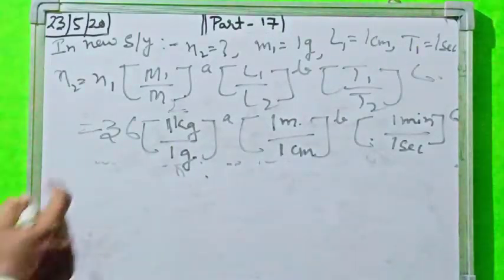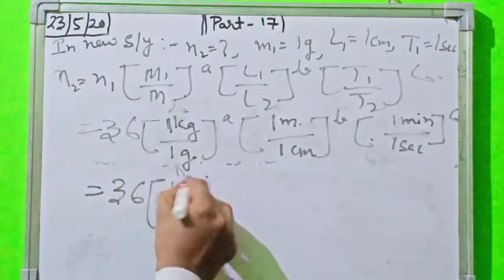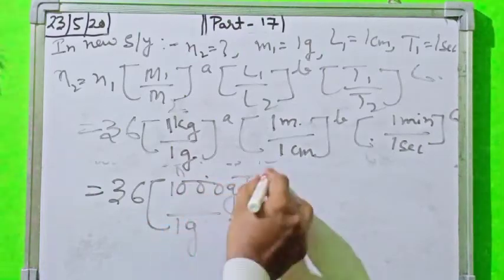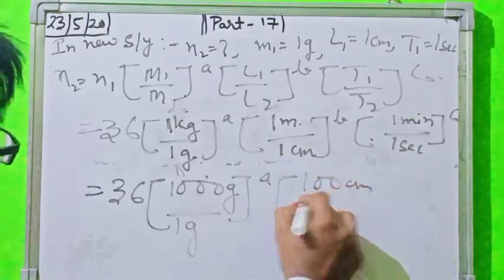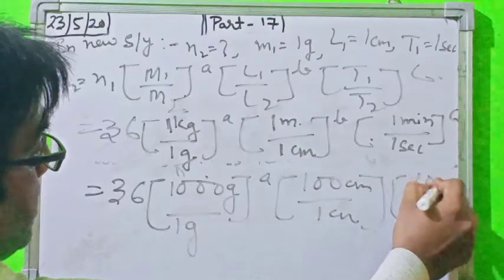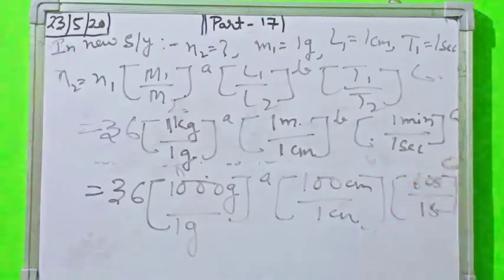Now look here, that is equal to 36 times 1000 gram upon 1 gram power a, 100 centimeter upon 1 centimeter power b, and 60 second upon 1 second power c.